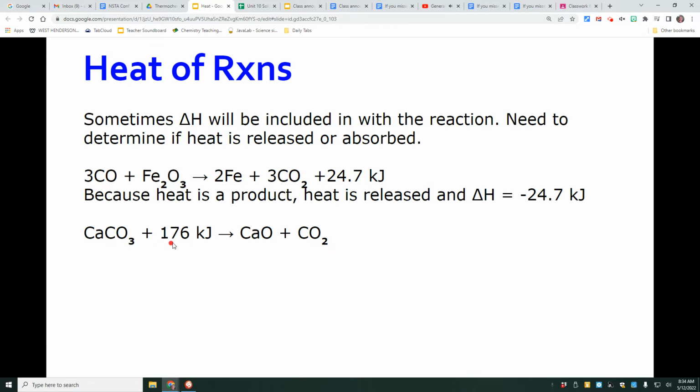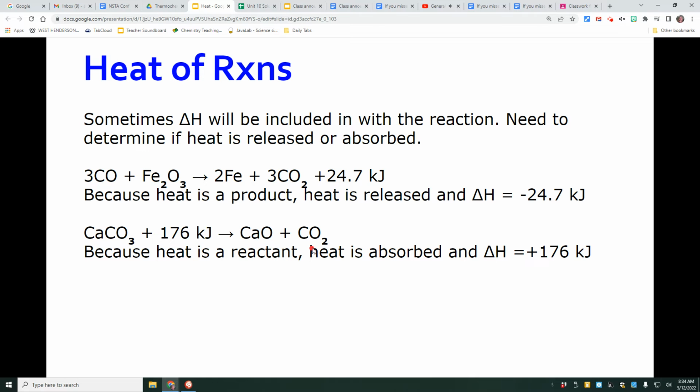You have to add heat to it in order to produce our products. So in this particular case, heat is being absorbed. So our reaction is endothermic. And when we record the delta H value, it is going to be a positive value because this is an endothermic reaction. And this reaction would feel colder as the reaction went on.